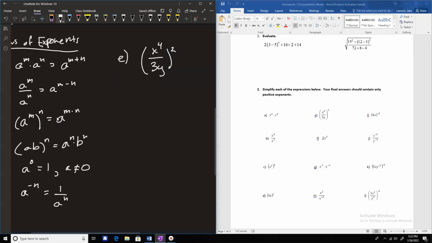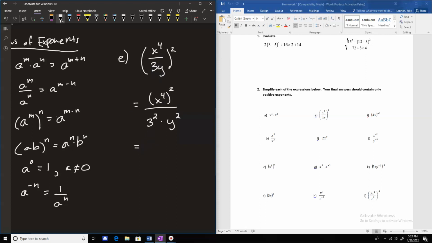So really we're making use of this rule: ab to the n is a to the n, b to the n. Each factor inside needs to be squared. So this is going to be x to the 4th squared on top, and then on the bottom 3 squared and y squared. So you square all 3 components.